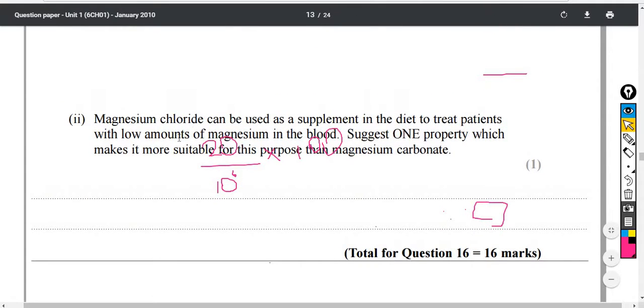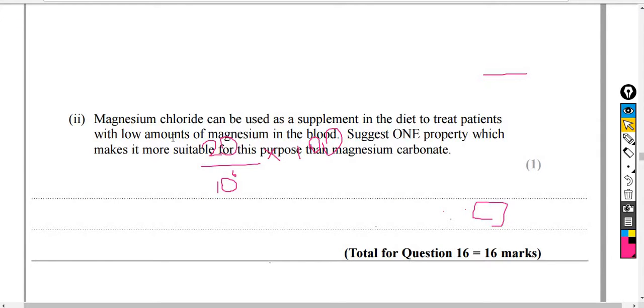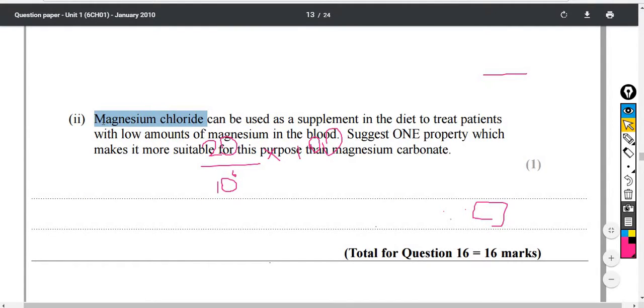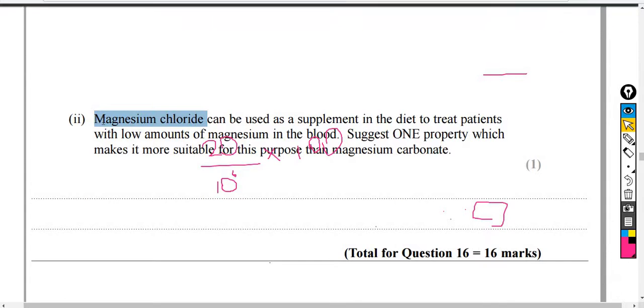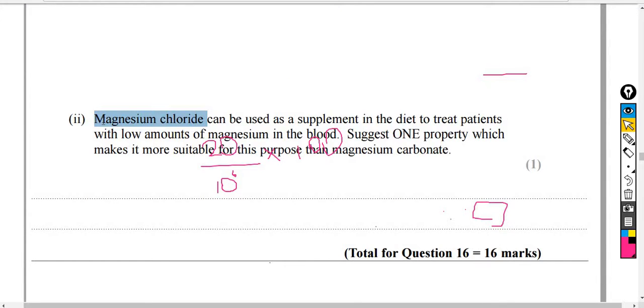The next question is, magnesium chloride can be used as a supplement in the diet to treat patients with low amounts of magnesium in blood. So if you have a magnesium deficiency, magnesium chloride can be given medically. Give just one property which makes it more suitable for this purpose than magnesium carbonate.